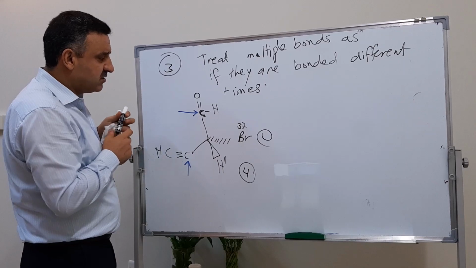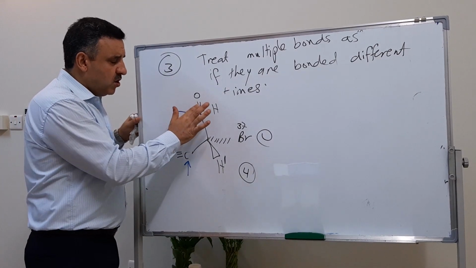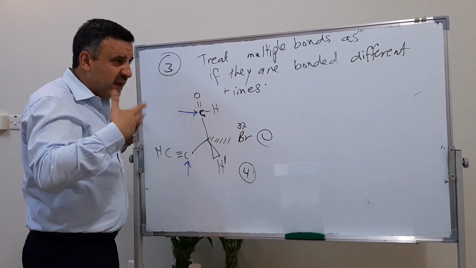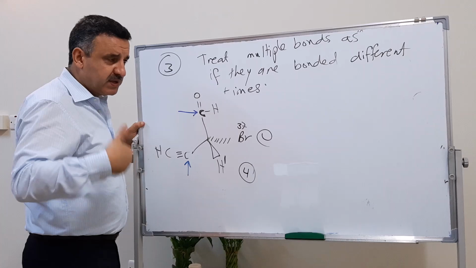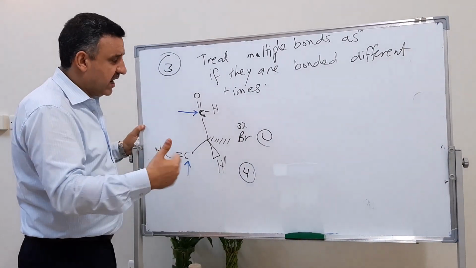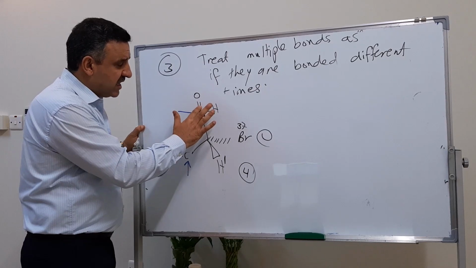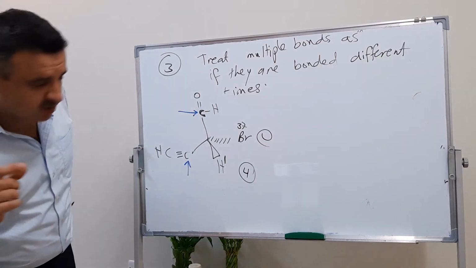In this case, just focus with me please. What we should do is imagine, just imagination. It has nothing to do with reality. This is just for the purpose of nomenclature, for the purpose of giving R or S. We should imagine that this carbon is double bonded. Now, focus on my words.